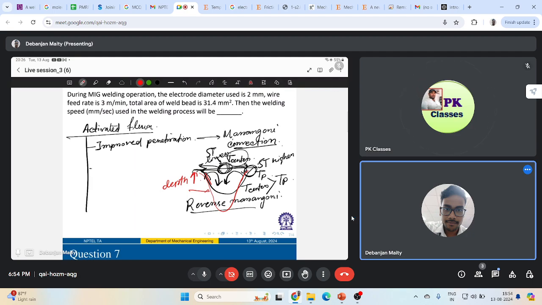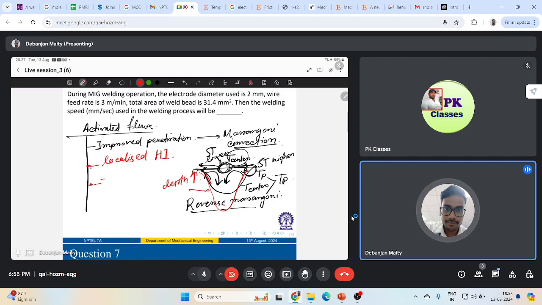Right? And also the flux can act as a thermal barrier, which will allow more controlled and localized heat input. Over here, I'll be having localized heat input because you have some flux covering the welding arc, and that will act as a thermal barrier.